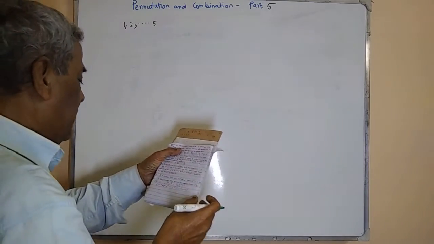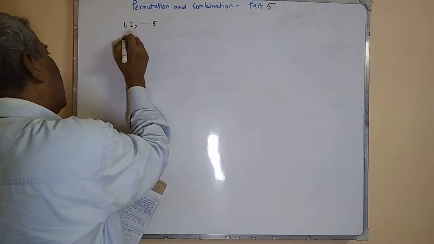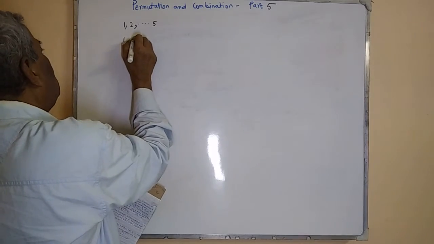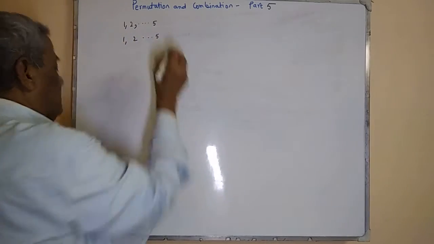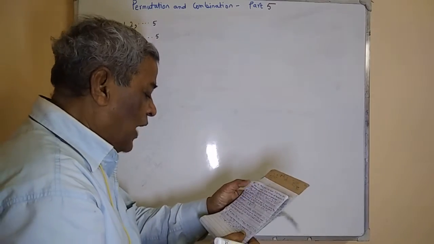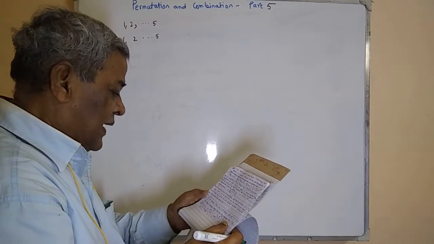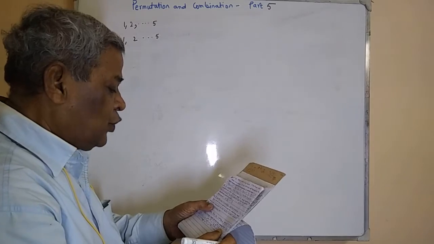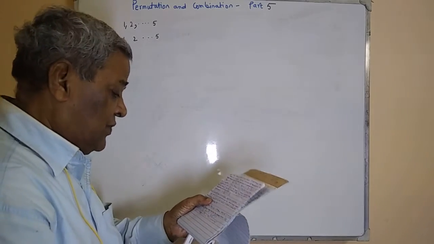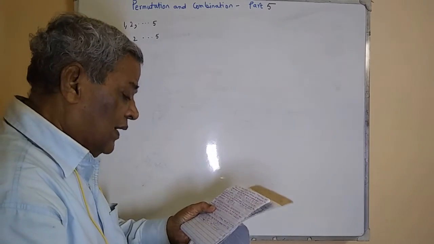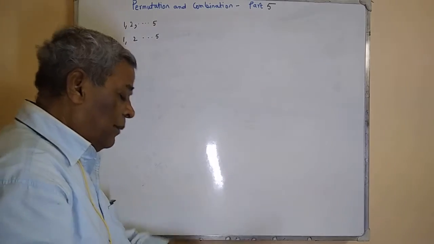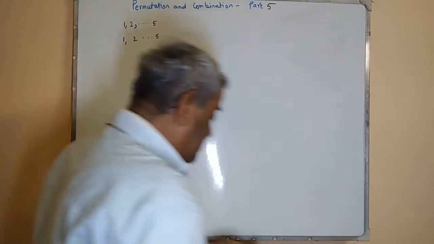And five envelopes, their numbers are also the same, 1, 2 up to 5. In how many ways can the cards be placed in the envelopes so that no card is placed in the envelope bearing the same number?